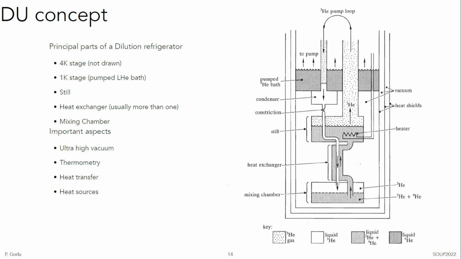And then you have a bunch of stages which are all focused on this object, the so-called mixing chamber, where there is a mixture of helium-3 and helium-4 that have specific properties which bring about the dilution, that is the physical process that eventually cools down the temperature, taking away heat to bring you to the base temperature, where with this kind of device you can easily reach temperatures in the few millikelvin range.